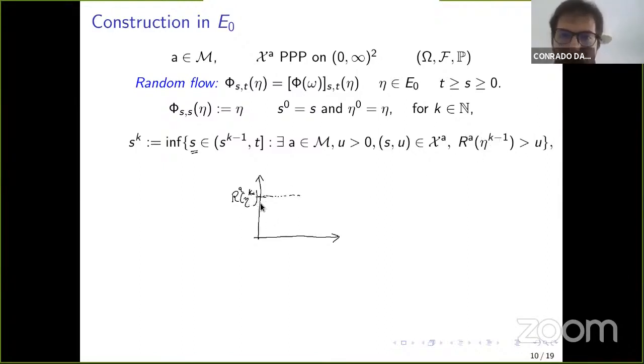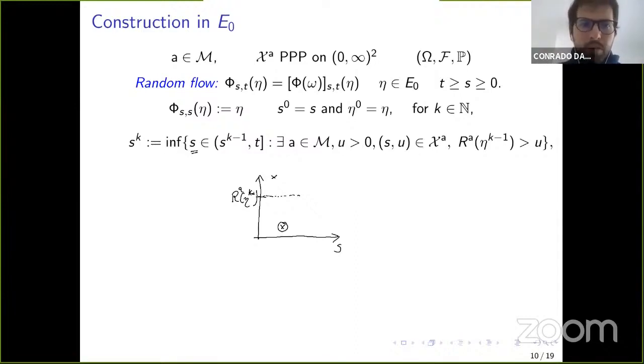That's the reason why we coupled in this way, because we can change the configurations and still use the same family of marks. If we have a mark over here, we will not consider that as a valid point. This is the time S. If a mark occurs below the threshold, this is a valid point. So we consult all the marks, and the first one is the one that we are going to perform.